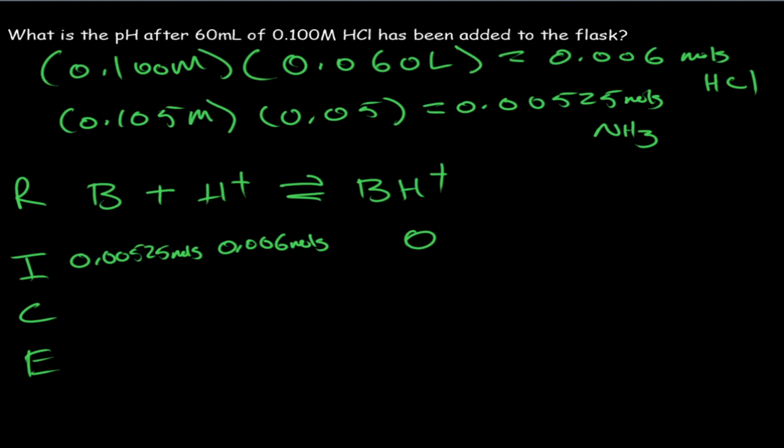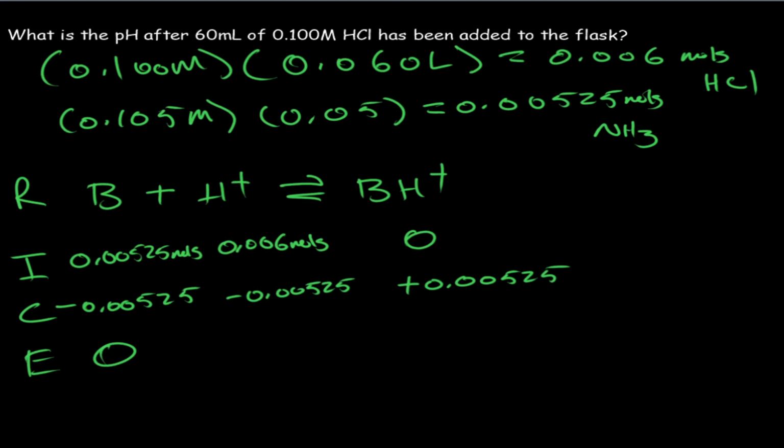What is the change? Well, we're going to be losing all of our base to the acid. And we'll be gaining that as our weak acid. So there's no base left over, and we have an excess amount of our acid in our solution, and we have a small amount of our conjugate acid in our solution.